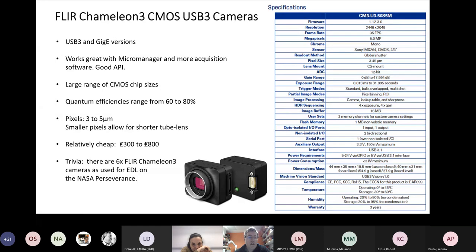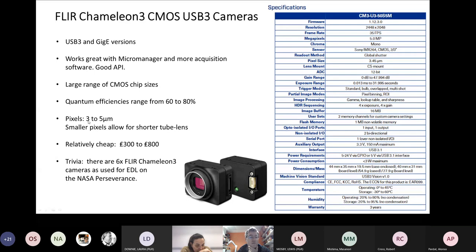But it turns out that for our design, what we originally saw as a disadvantage, these tiny pixels, if you combine it with a shorter tube lens, it actually works in your favor because it just shortens the path length to the camera. You wind up with the exact same NA of imaging. The effective magnification of the system goes down because you're using a shorter tube lens.